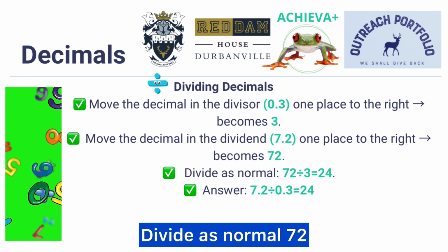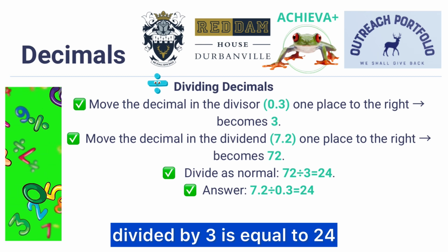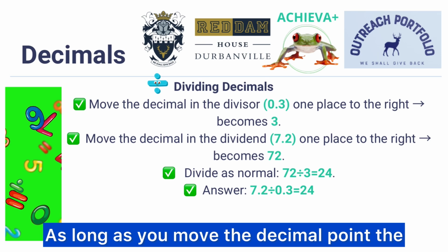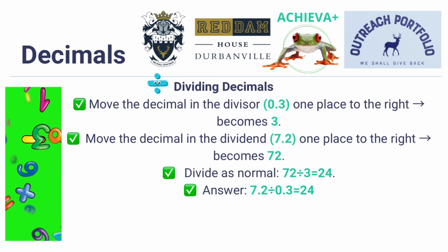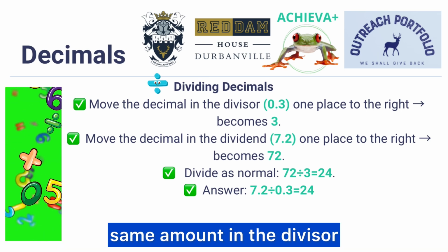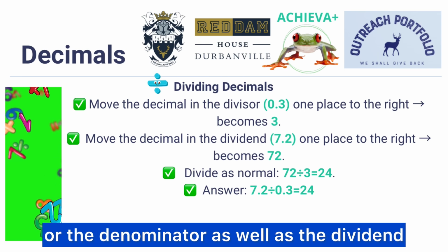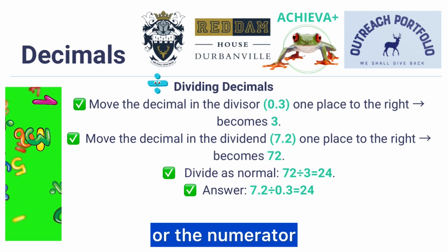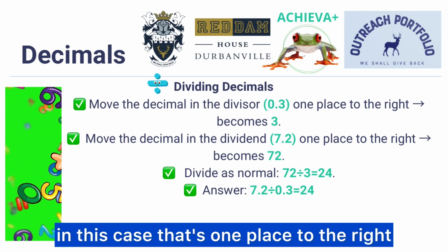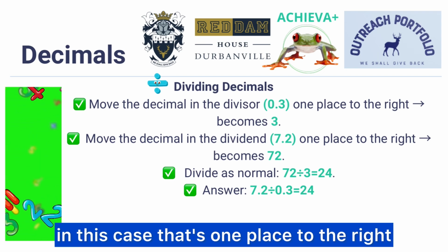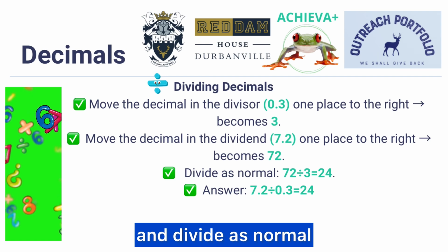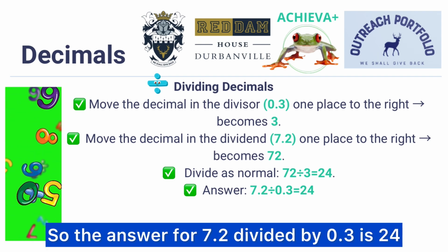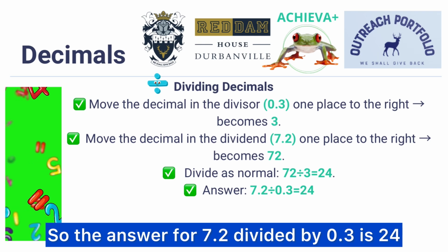Divide as normal. 72 divided by 3 is equal to 24. As long as you move the decimal point the same amount in the divisor or the denominator, as well as the dividend or the numerator, in this case that's one place to the right, then you can go ahead and divide as normal. So the answer for 7.2 divided by 0.3 is 24.